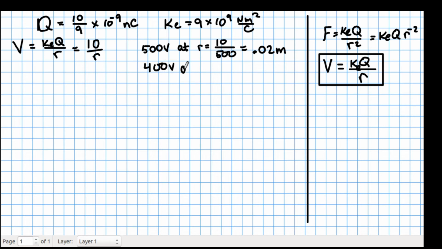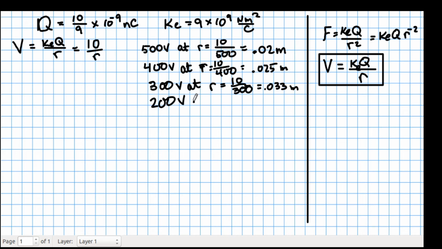Where would we have 400 volts in this example? We'd have 400 volts at r equals 10 over 400, or 2.5 centimeters. The 300 volts contour would be located at r equals 10 over 300. So that is 3.3 centimeters, or 0.033 meters.